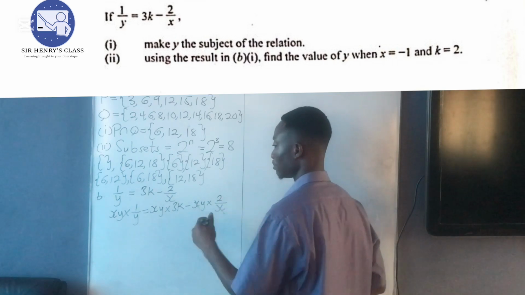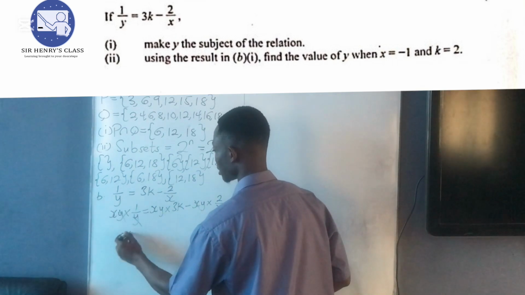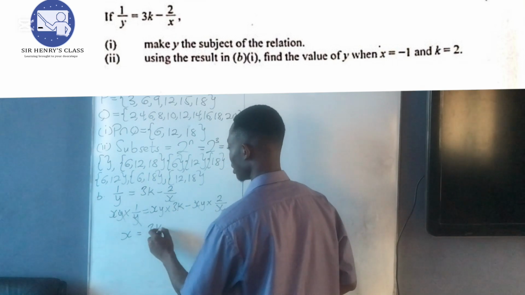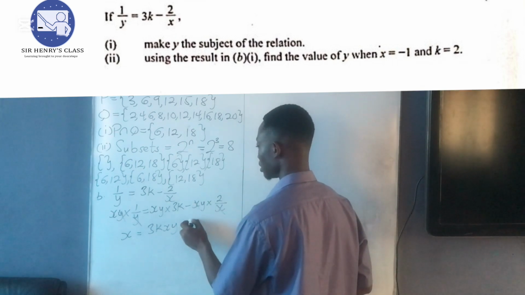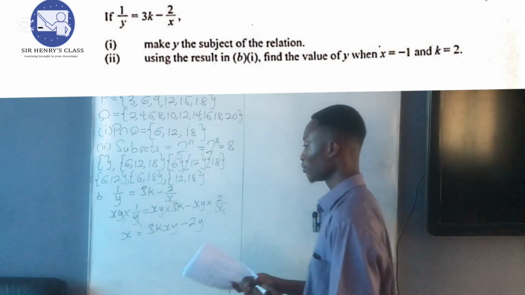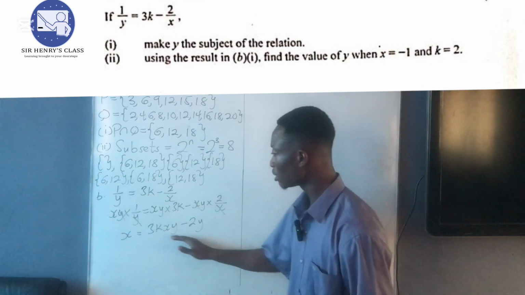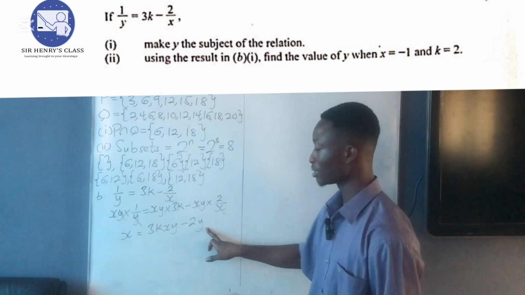There are common elements, we cancel them out. x times 1 is x, xy times 3k is 3kxy, minus y times 2 is -2y. We want to make y the subject. Looking at what we have here, y is in this term, y is in that term.